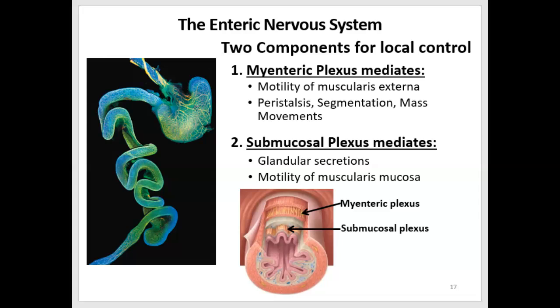And it's made up of two components: the myenteric plexus, which we saw is in the muscularis externa, and the submucosal plexus, which is located deep in the submucosa.